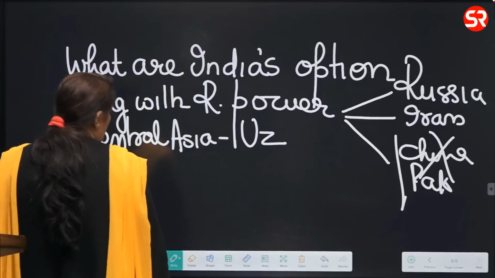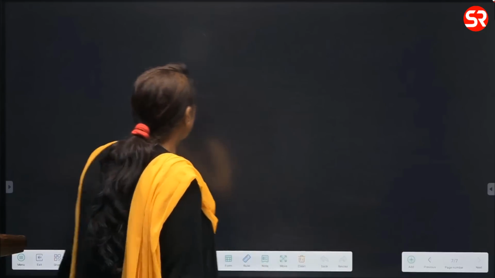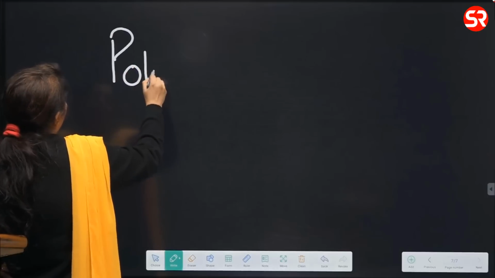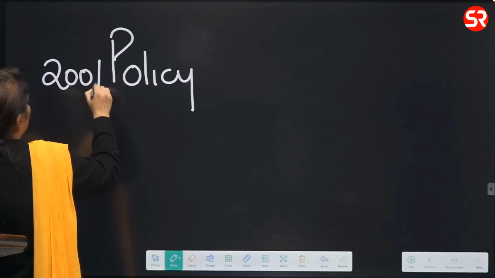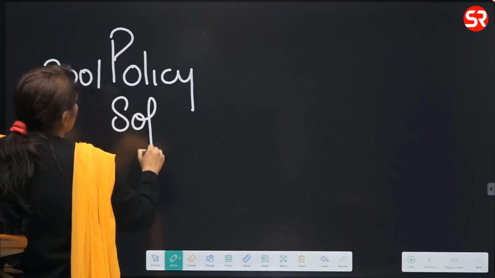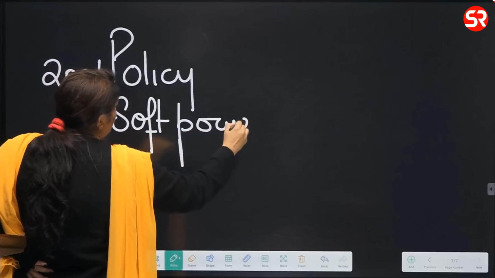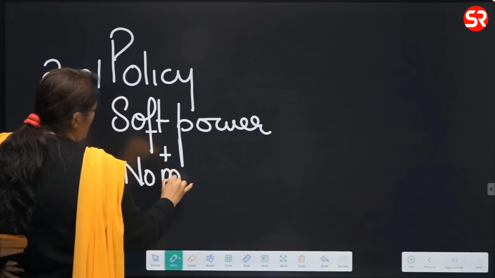Now the big question is, what has been India's policy so far, especially since 2001? We have gone for soft power and no military footprints.